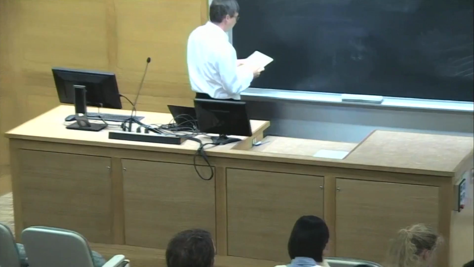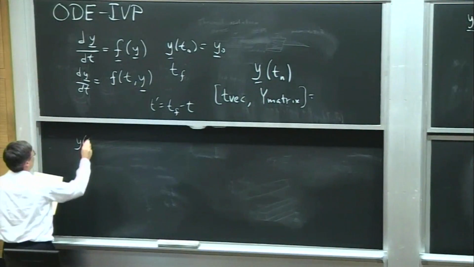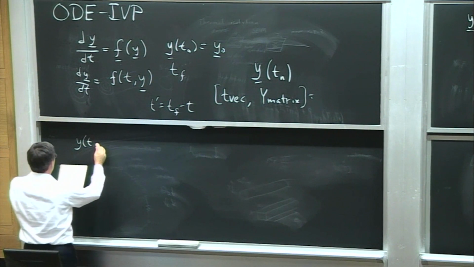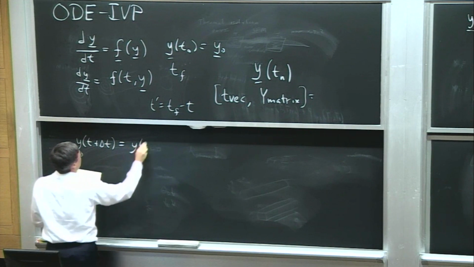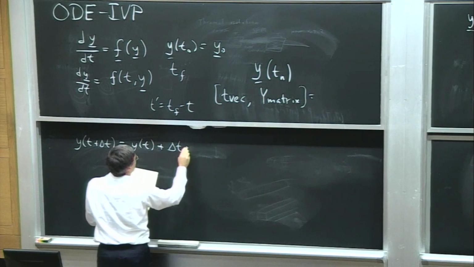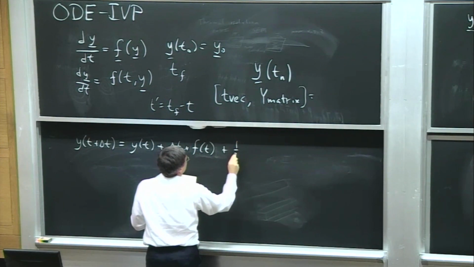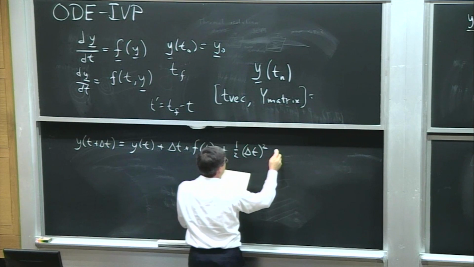So let's do the Taylor expansion a little bit further. So let's do it for the numerical integration case. So y of t plus delta t is equal to y of t plus delta t times f of t plus a half delta t squared times the second derivative.